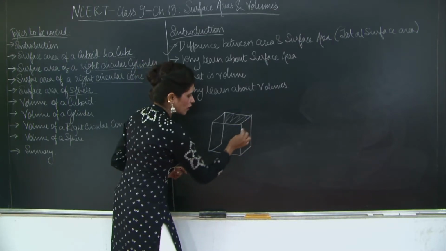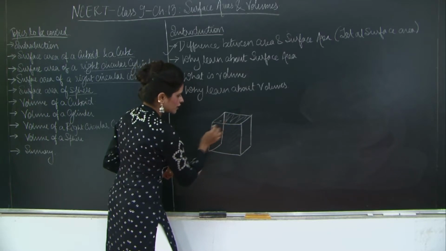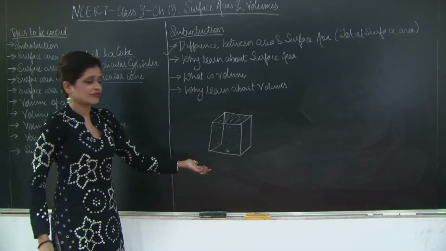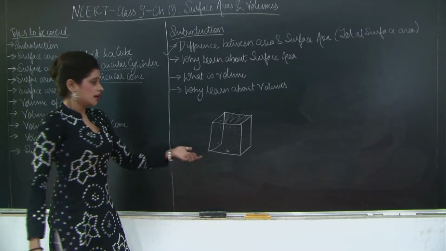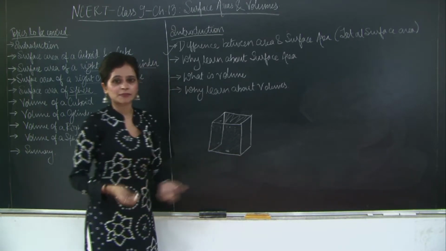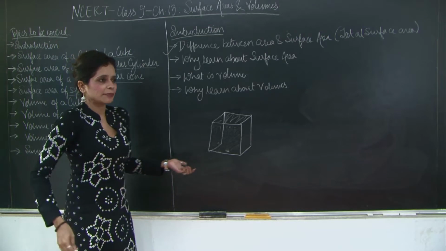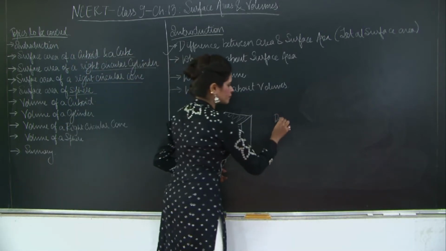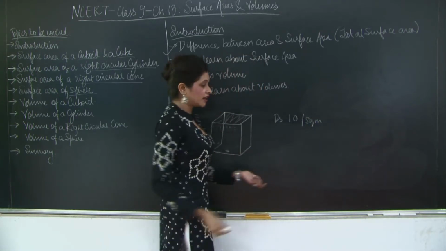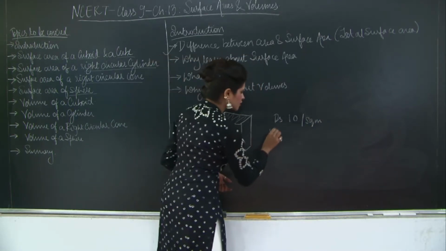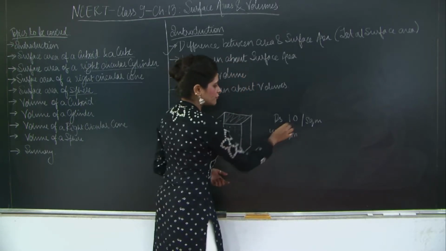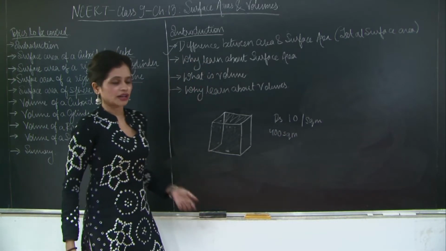Then you have this wall here, then you have this wall here, and one is in the front. So if you need to find the cost of painting the wall, then you can easily find the total surface area of the wall and multiply it with the cost. For example, if it is rupees 10 per square meter, and if the area of your walls is 400 square meters, then the total cost would be simply 400 into 10, which would be 4,000.